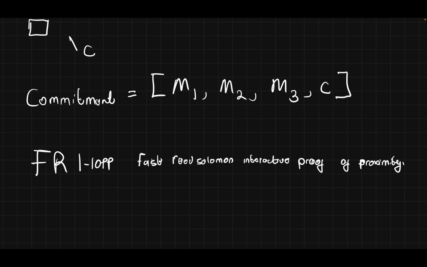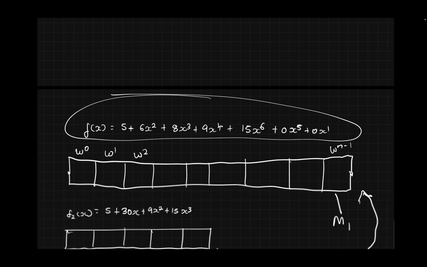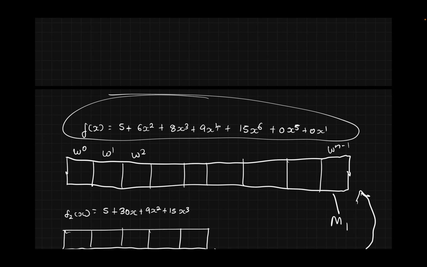It's not a PCS, it's an IOPP. IOP is interactive oracle proof, but this is a special type of proof that is proving proximity of this guy to a degree, let's say degree 8, code word.